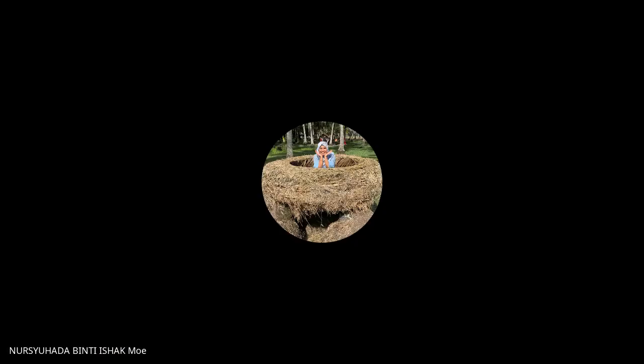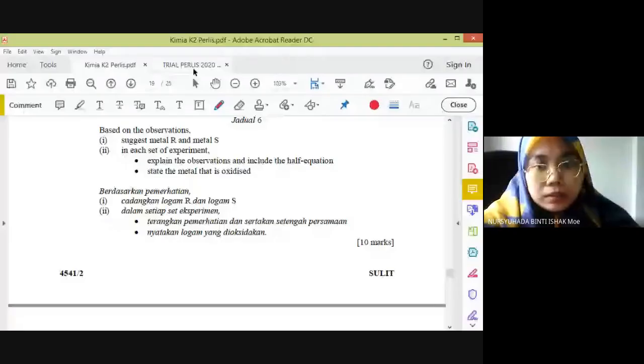Now, based on the observation, 10 markah, suggest metal R and S, 1 markah. Okay, now kita suggest lah. Okay, metal R and then metal S. So what is metal R?